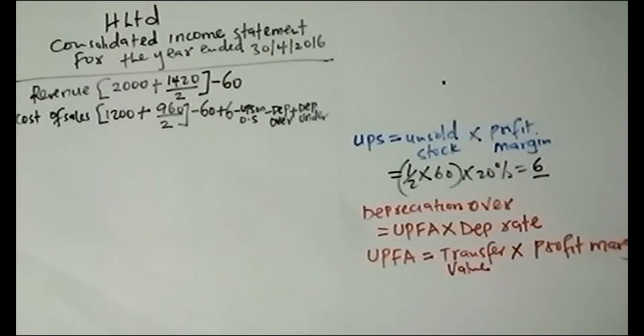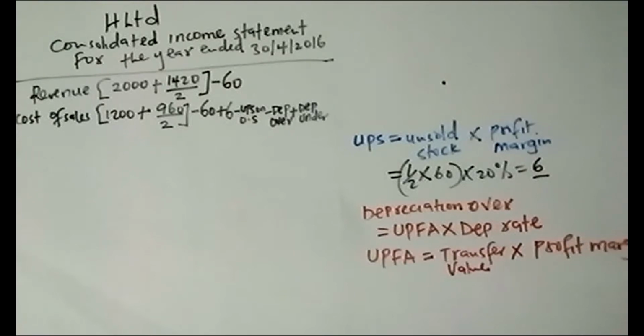They overstated because both of them are group members and both charged depreciation. So you need to check for that overcharge: you take the unrealized profit and multiply with the depreciation rate you are given.